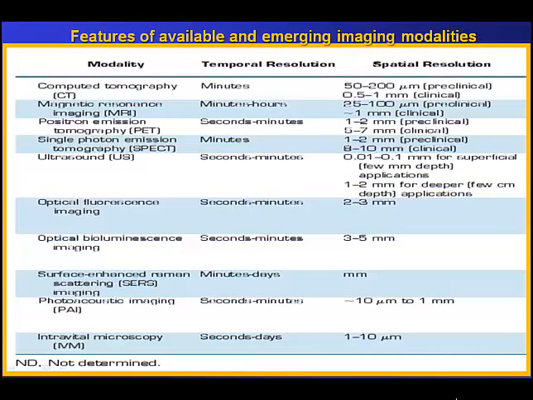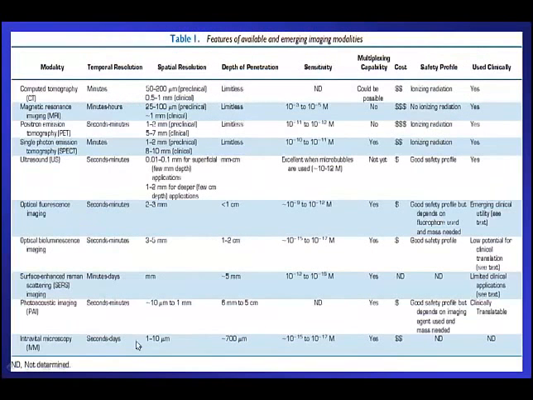This table is showing some advantages or parameters for each technique, like CT, MRI, PET, SPECT, ultrasound, plus optical fluorescence imaging, optical bioluminescence imaging, surface enhanced Raman scattering, and intravital microscopy.